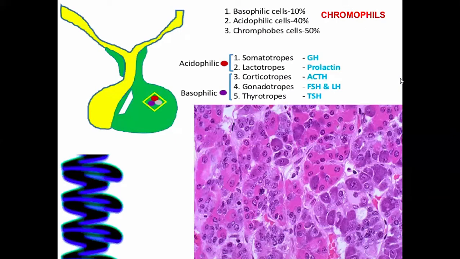So the pink cells are your acidophilic. The blue cells or the purple cells are your basophilic cells, or the basophils. Whereas the white cells, o hindi nag-take up ng stain, these are your chromophobe cells.